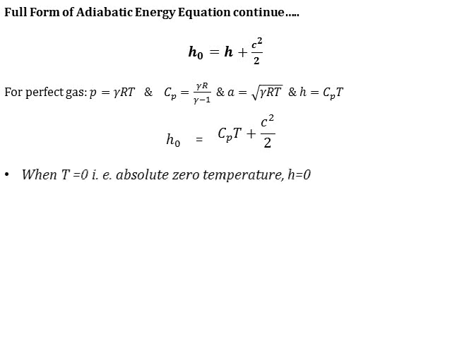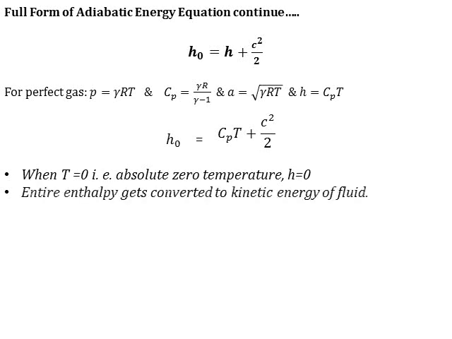When the temperature becomes absolute 0, the static enthalpy reduces to 0. This means the entire energy gets converted to kinetic energy of the fluid. Remember that energy can neither be created nor destroyed. It can only be transferred from one form to another.